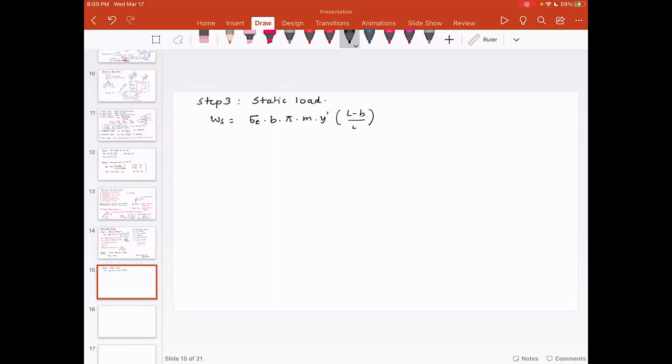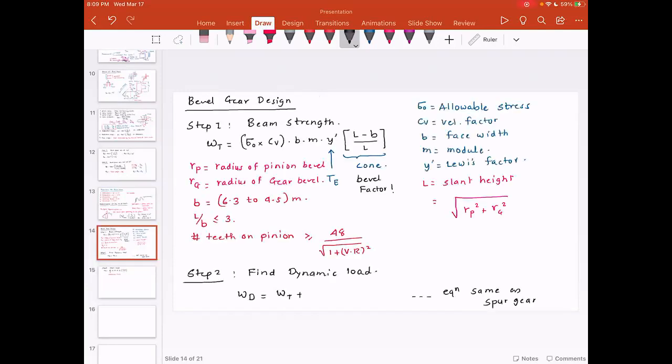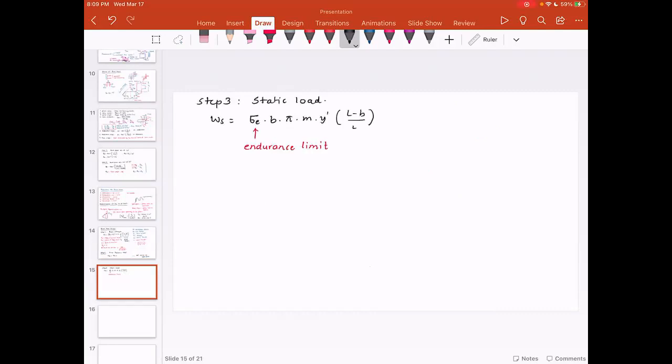So the only difference between step 3 and step 1 is we are using the value of sigma E, which is the endurance strength. This is the endurance limit.